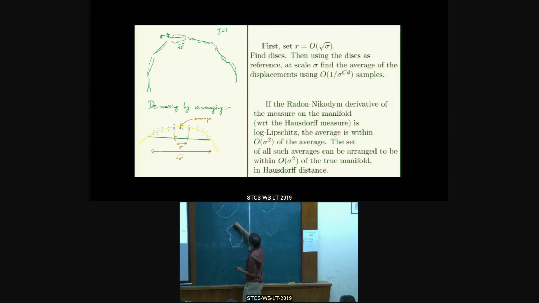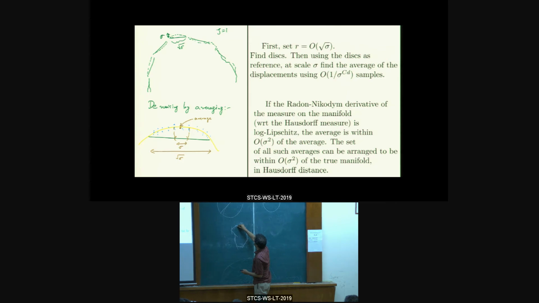The data is from the manifold, but if you have a disk of radius square root sigma and your reach is 1, then the reach condition ensures that the displacement here is roughly sigma, because it gets squared. So you know that this error is roughly sigma. That is also the amount of error from the random samples.